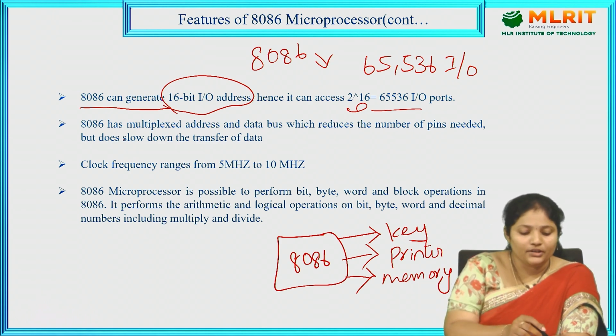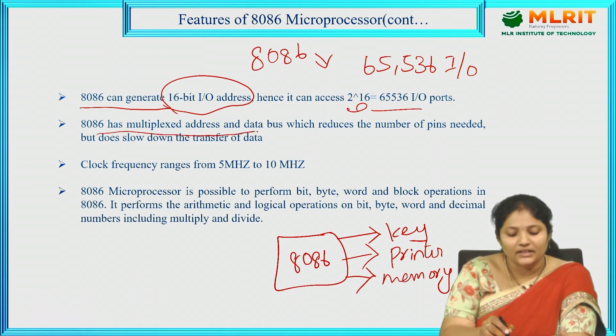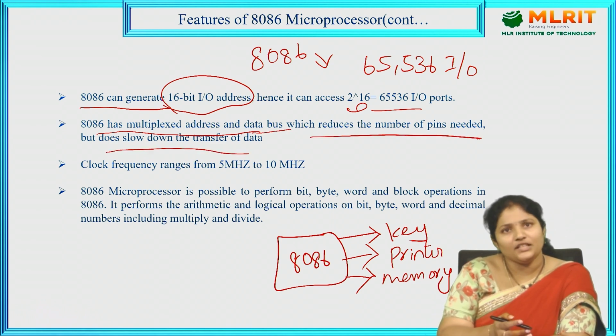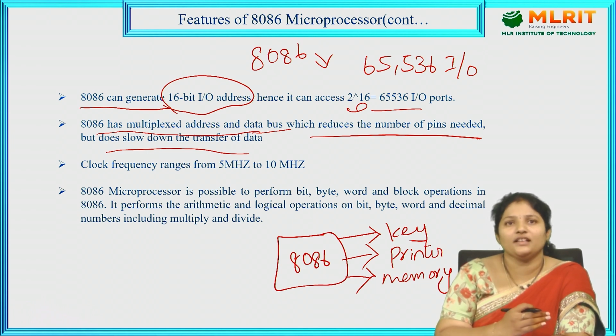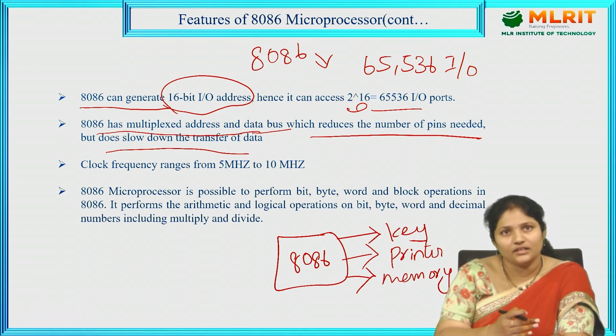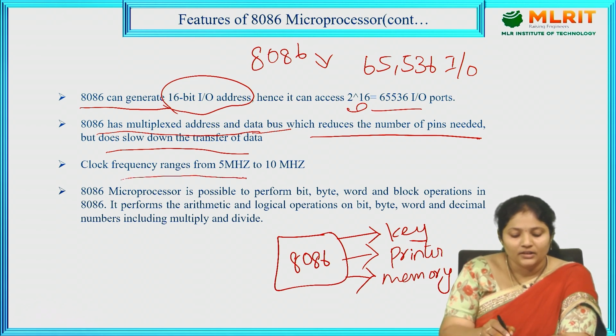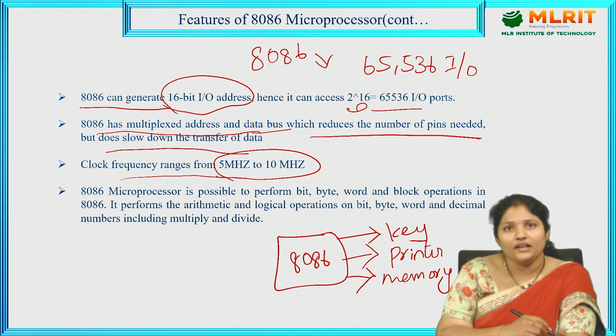As I already told you, 8086 uses a multiplexed address and data bus, which reduces the number of pins needed but does slow down the transfer of data, because at a time it can be used only as data lines or only as address lines. The 8086 microprocessor can operate with a frequency of 5 MHz to 10 MHz.